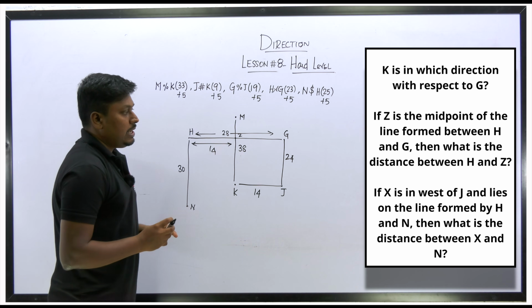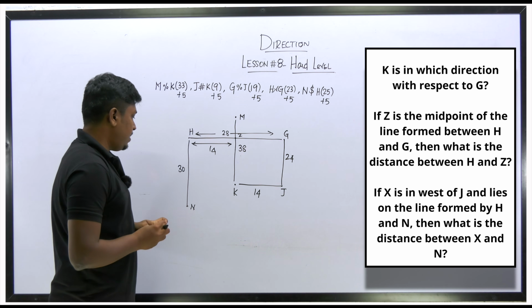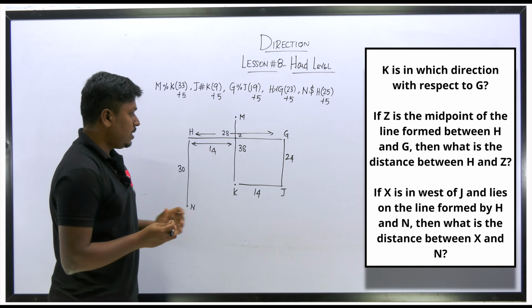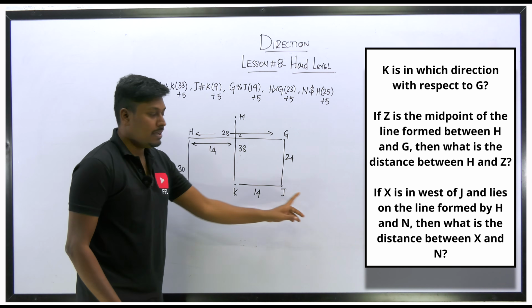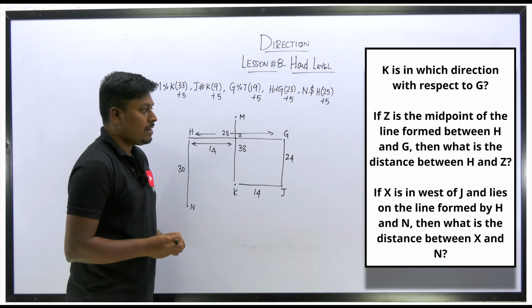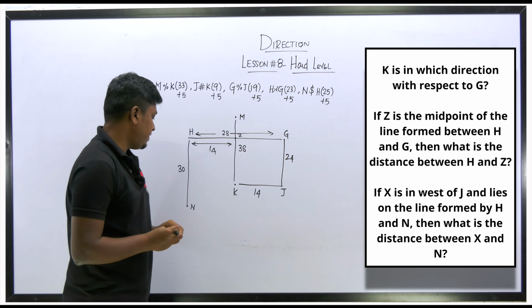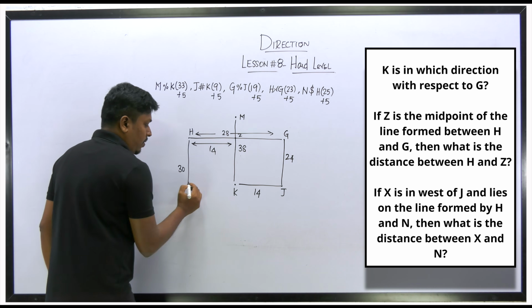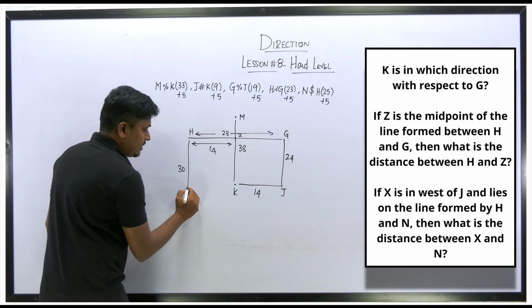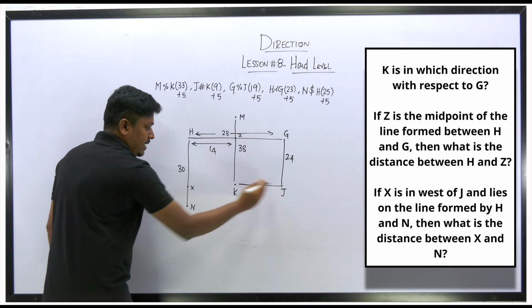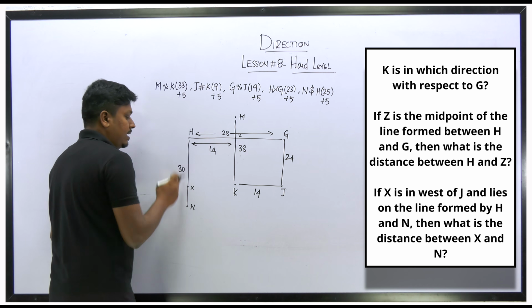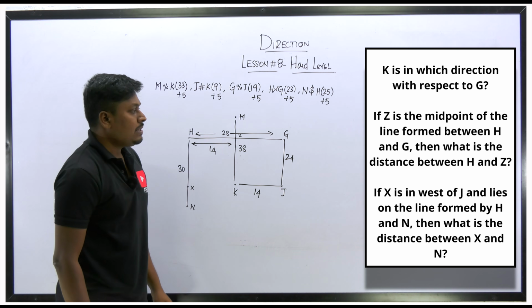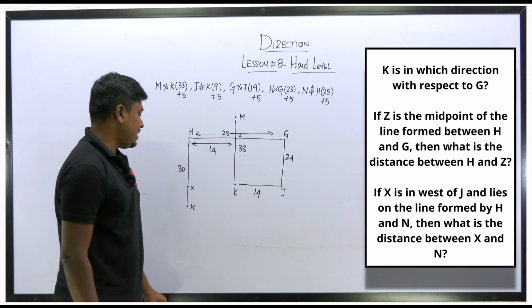Third question, if X is in the west of J, they are talking about the point J, with north, south, west and east. If X is in the west of J and lies in the line formed by H and N, then what is the distance between X and N?